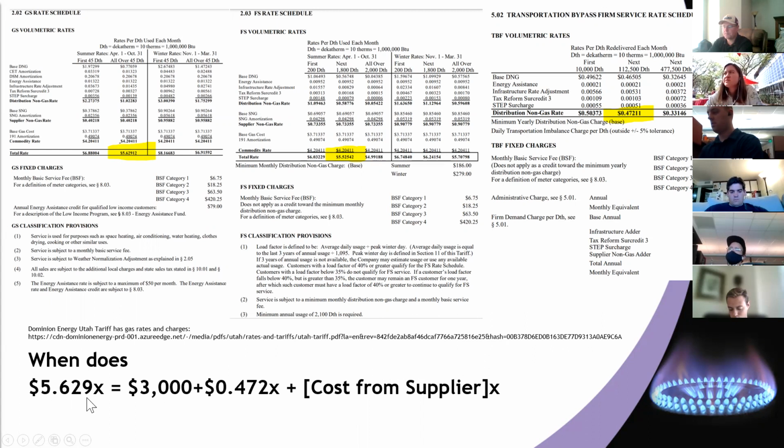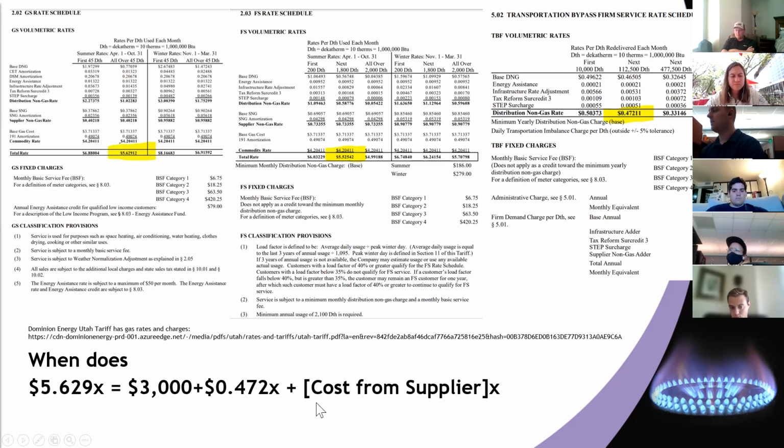This is a pretty simple calculation. You look at what they're currently paying on a GS rate schedule, either from this or from their bills if you know it. When is the quantity of gas, this X, large enough that the number on the right is lower than the number on the left?